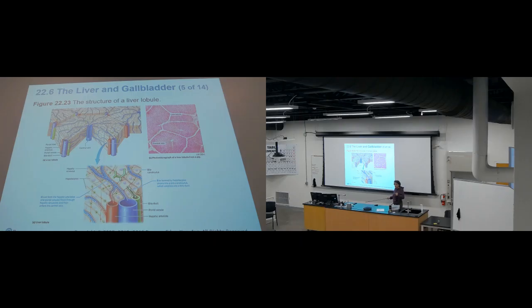And the common hepatic duct is going to merge to the cystic duct, which brings the bile for temporary storage into the gallbladder. And then when this cystic duct merges with the common hepatic duct, they would form the common bile duct. And then the common bile duct, together with the pancreatic duct, empties into the second portion of the duodenum, at the major duodenal papilla.